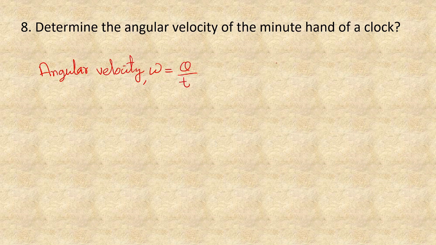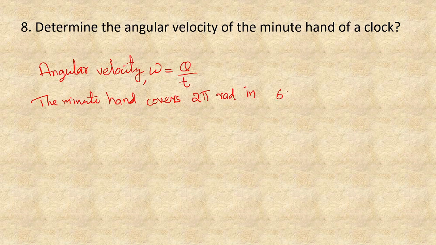Okay, here the minute hand covers 2 pi radian in how many seconds? That is 60 into 60.